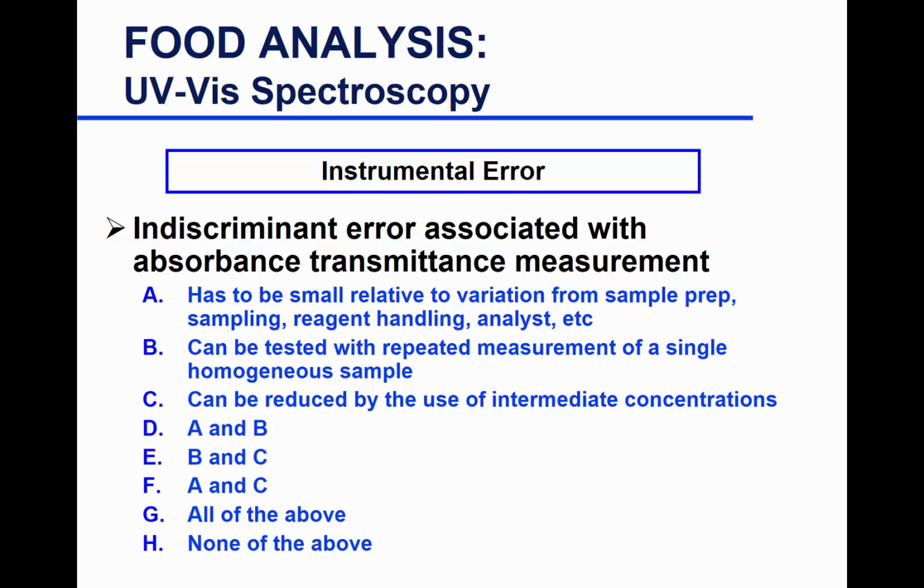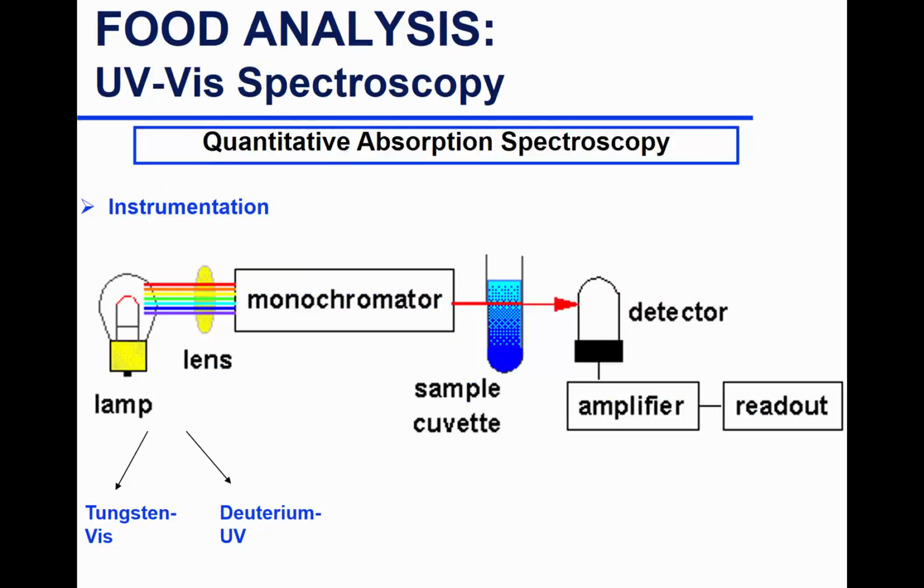Sometimes it will give you 0.75 absorption, another time it will give you 0.76, another time it will give you 0.74. Then you will know, oh okay, my noise is about 0.1 or 0.01. So that is correct, and it can be reduced by the use of intermediate concentration. We talked about that. So yes, all of the above. Okay.